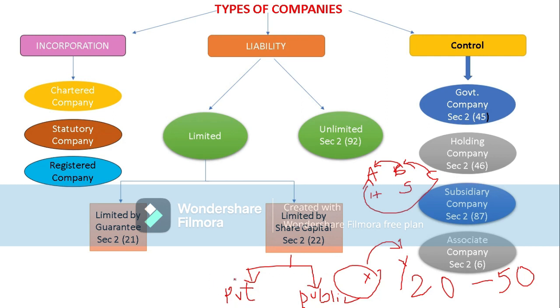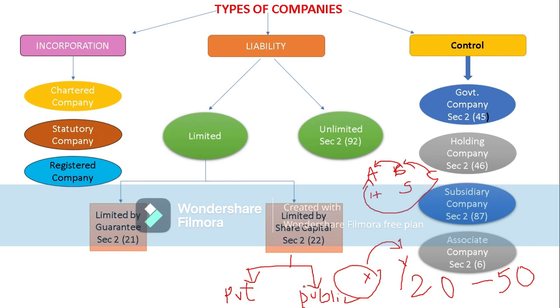But what do private limited company and public limited company mean? A private limited company restricts the rights of its members to transfer shares. Under a private limited company, transferability of shares is not easy, but in a public limited company, transferability of shares is easily done.